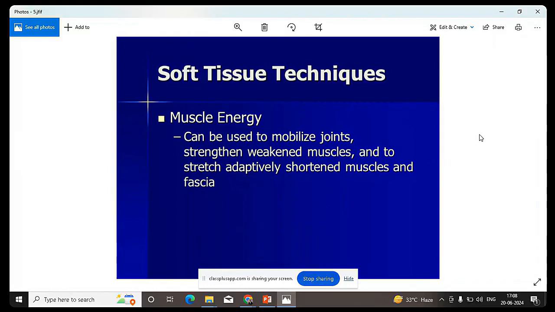Then muscle energy techniques. The muscle energy technique is a special kind of exercise therapy. You can say muscle energy technique exercises can be used to mobilize joints, strengthen weakened muscles, and to stretch adaptively shortened muscle and fascia.